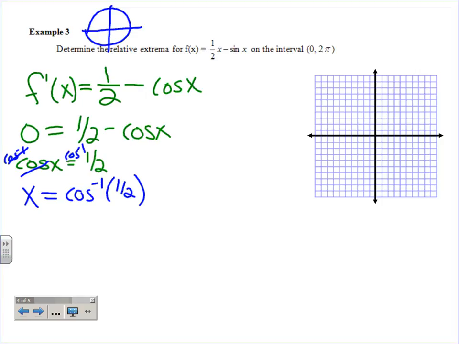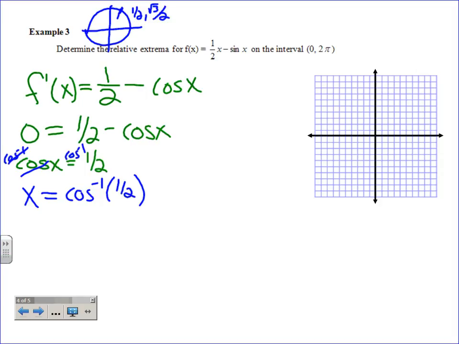So where is cosine 1/2? Okay, so I've been told pi over 3, which is way up here or down here? Right here? So you think that's where cosine is 1/2? I see that some of you are cheating and looking at your unit circles instead of actually trying to figure out where it is.